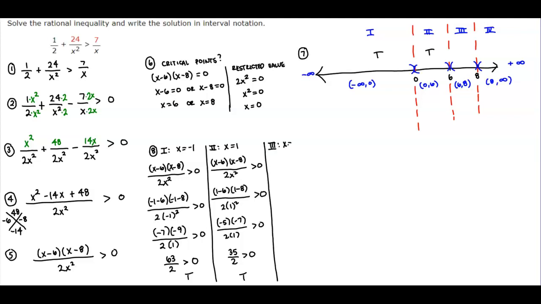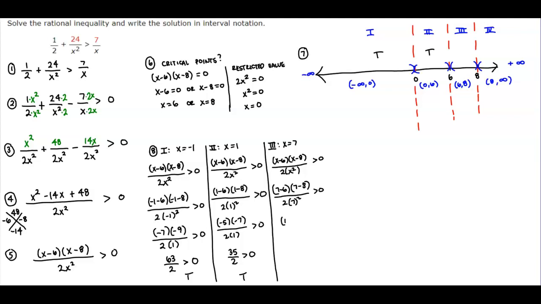Let's pick x equal to 7. We have 7 minus 6 times 7 minus 8 over 2 times 7 squared.